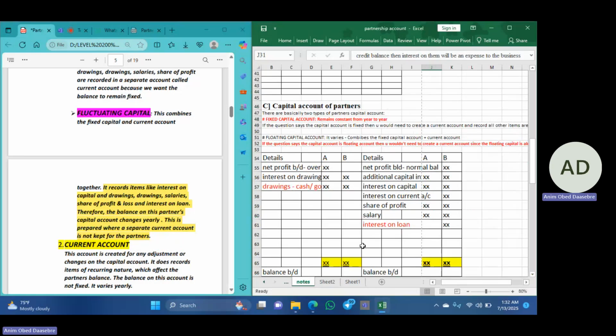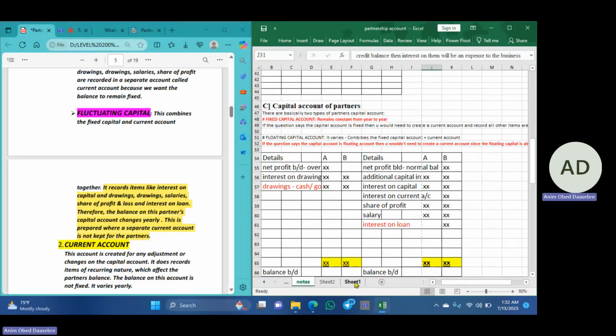Then you transfer all the items in the appropriation accounts to the floating account, together with the drawings and the interest on loans, which will not be recorded in the appropriation accounts, also in these accounts. So basically, there is a difference between the fixed accounts and also the floating accounts, and how to go about it.